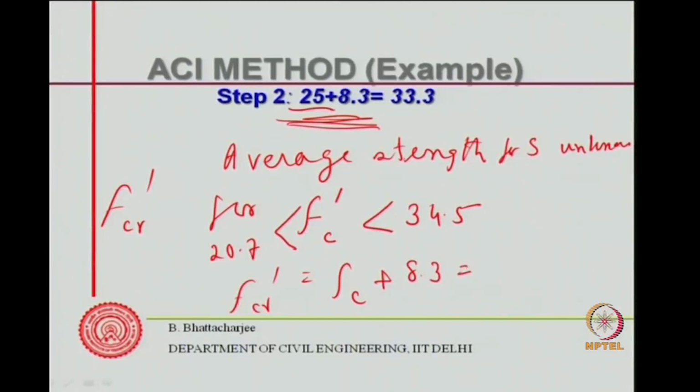So this is 25 plus 8.3, which equals 33.3.